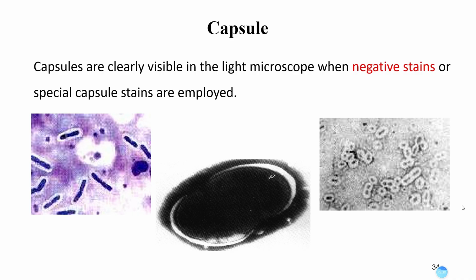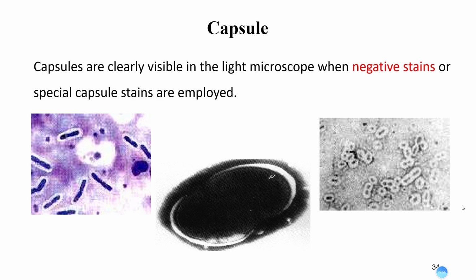And when we study the structure of the capsule, we can use special staining methods to see the structure. Sometimes you can use a negative stain. A negative stain means that you are not staining the cell itself. You stain the background with some color, like this one. It's some ink.